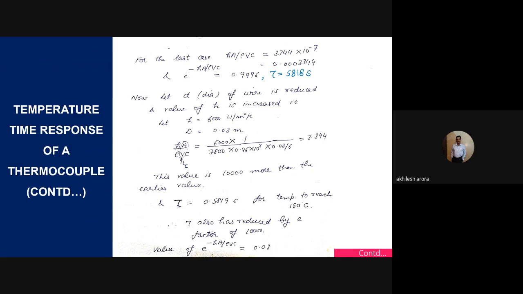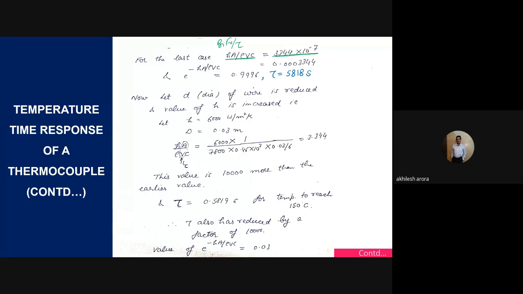In the last case, we calculated the various values. We calculated the value of this quantity also, hA over rho Vc. There is no tau here, so basically it is Biot number into Fourier number divided by tau. This is the value, and this is the answer.